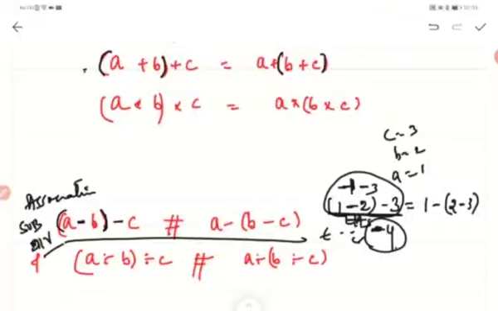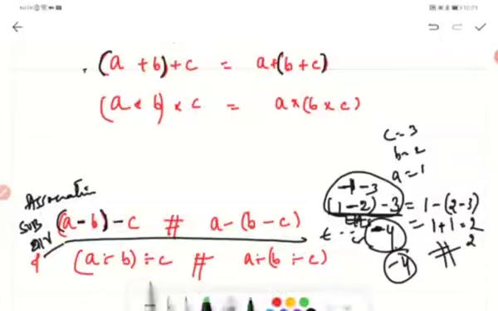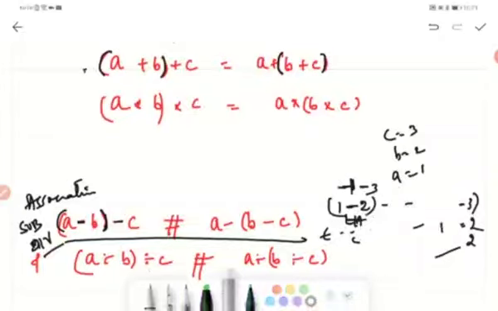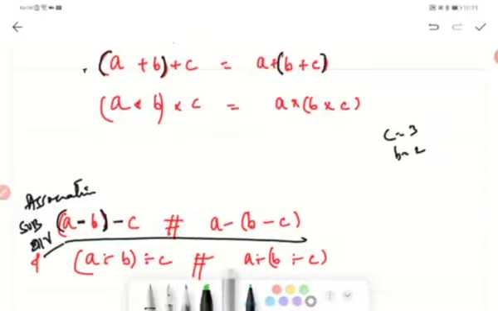On this side, 2 minus 3 will be minus 1, so this will become plus 1, and this is 2. So minus 4 you get on the left hand side and 2 on the right hand side. So this is not equal. So associative property under subtraction and division for whole numbers is not defined.